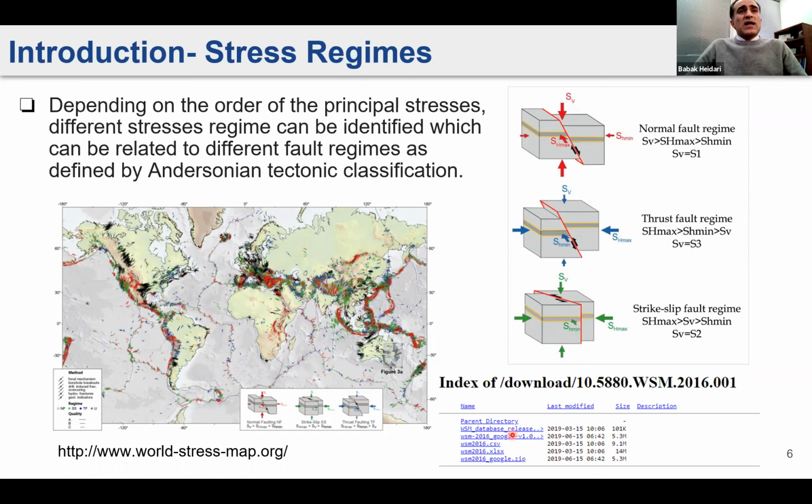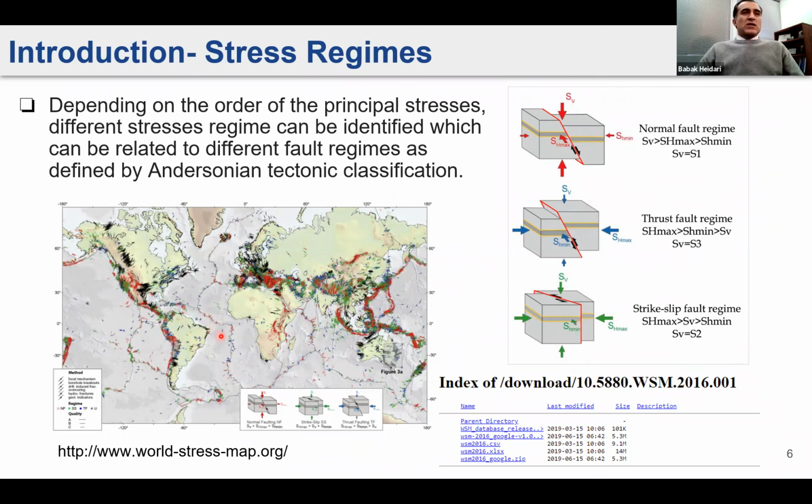Another good thing is that there is a legend to this map, and it highlights the source of this information. A lot of this data comes from focal mechanism earthquake information, but also borehole information, such as image logs, caliper data, and leak-off test information, which is very handy.